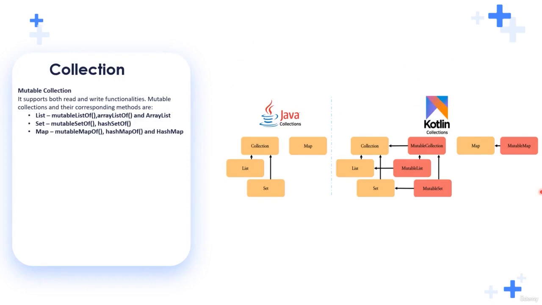For the list: mutableListOf, arrayListOf, and ArrayList. Set: mutableSetOf, hashSetOf. Map: mutableMapOf, hashMapOf, and HashMap. We will see these in detail in the next videos, and we'll talk about every collection, the list, the set, and the map, whether it's immutable or mutable.